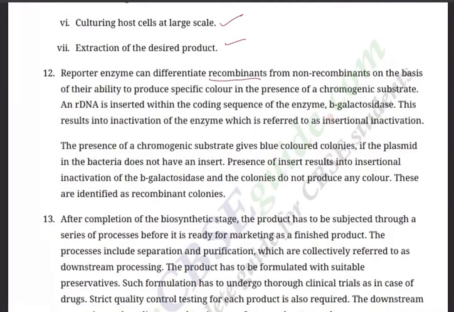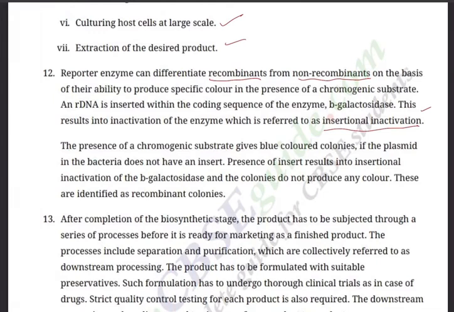Question 12. A reporter enzyme can differentiate recombinants from non-recombinants. This is important. Recombinants from non-recombinants on the basis of their ability to produce a specific color in the presence of a chromogenic substrate. An rDNA is inserted within the coding sequence of the enzyme beta-galactosidase. This results in the inactivation of the enzyme, which is referred to as insertional inactivation.